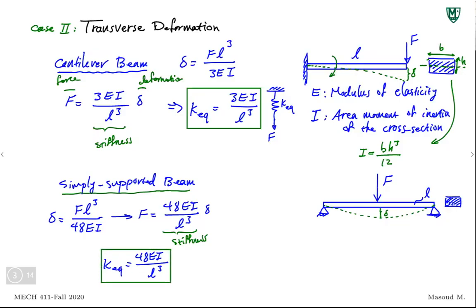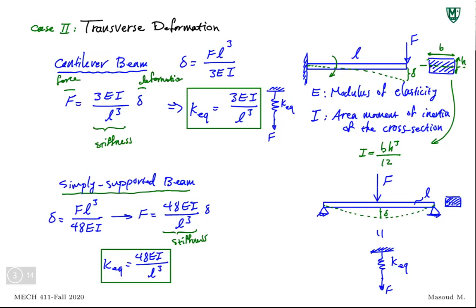Now, what does that mean? It means this system is equivalent to a spring like this with the stiffness of K equivalent. I want to remind you that we are modeling the deformation at the center of the beam when the force is applied exactly at the center.